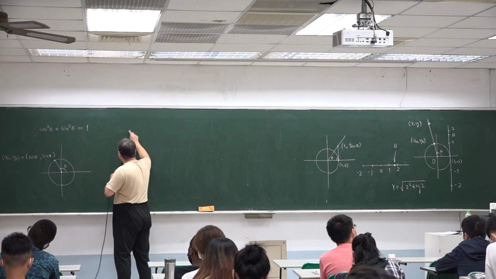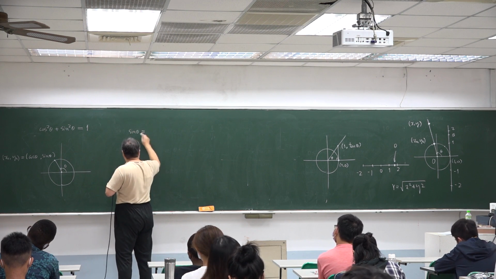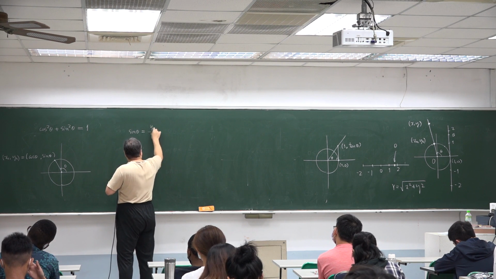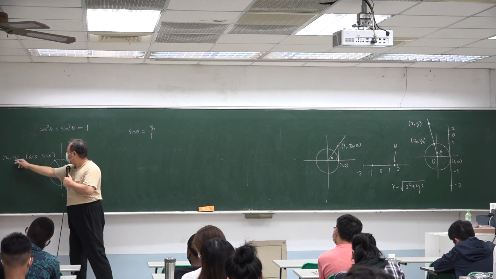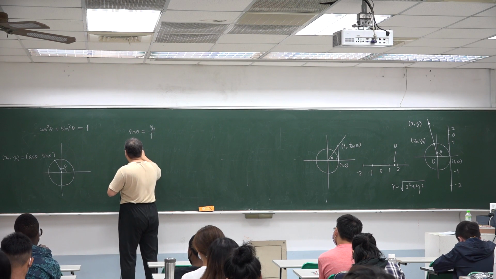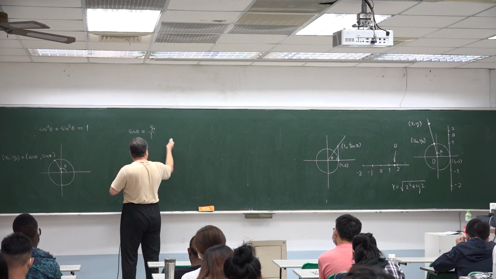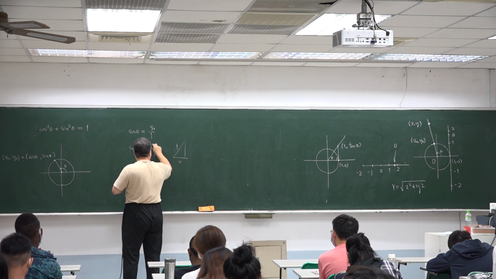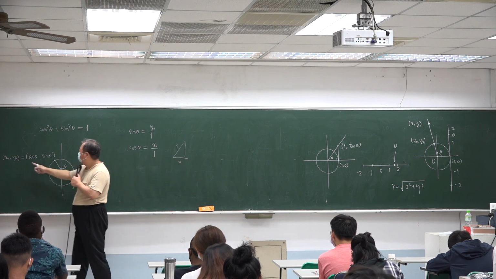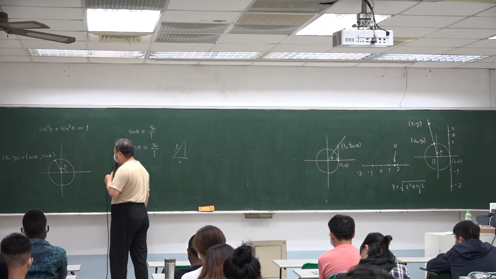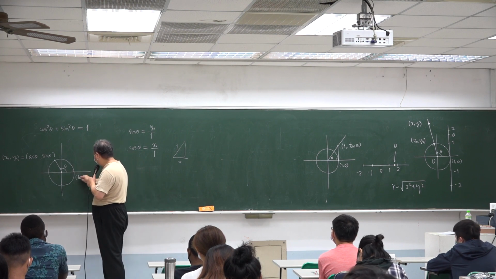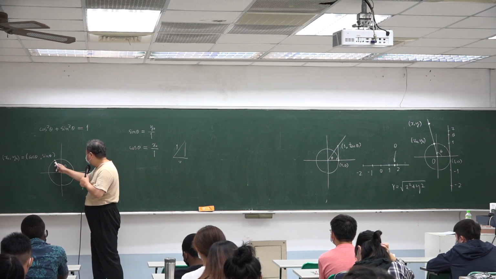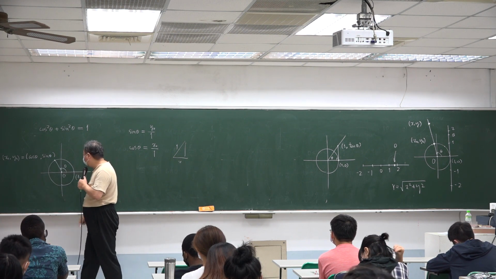Because cosine theta is x. Okay, because this circle has radius 1, therefore the distance between this point and the origin is 1.